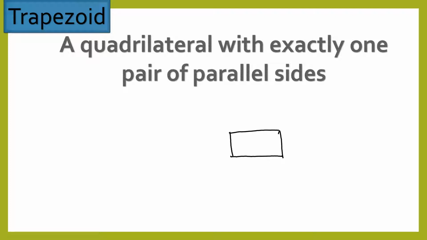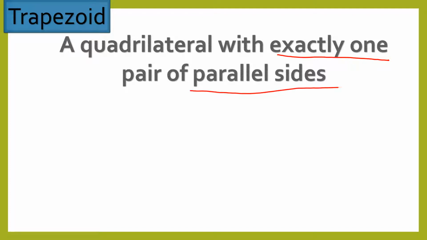Can you find the parallel sides in a rectangle? Right here and right here. These guys are parallel in a rectangle. And these guys are parallel in a rectangle. So again, in your rules for trapezoids, they have exactly 1 pair of parallel sides. That's it. And they are a quadrilateral. Make sure your notes say that's what a trapezoid is.